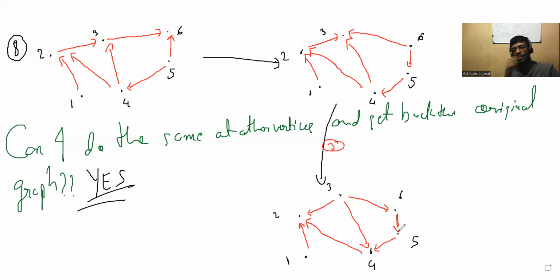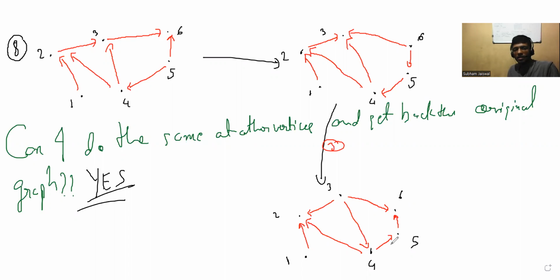So now you have to make the change at 5, right? But when you make the change at 5, what happens? This becomes like this, and this becomes like this.